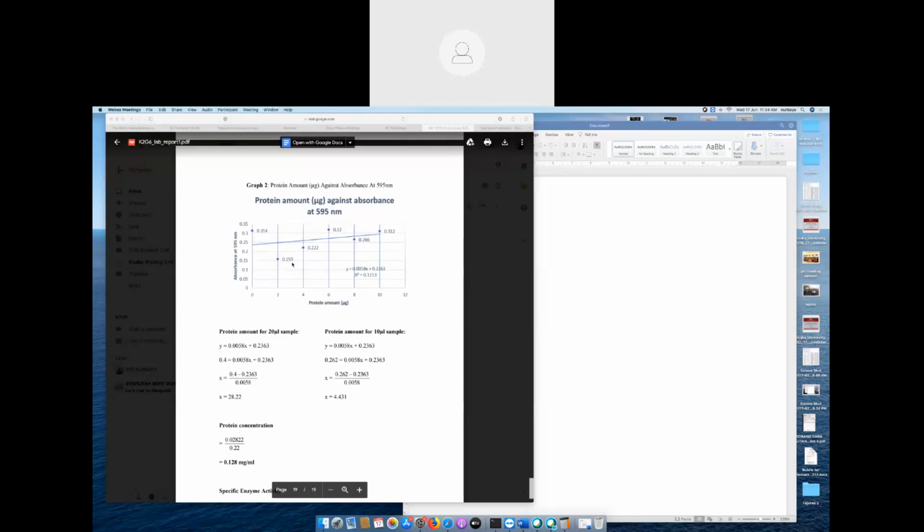0.159 minus 0.314, that means it is zero. This one will be zero. Then your standard will be zero, zero. This one also zero. This one you get some little bit of absorbance because 0.32 minus 0.314. If this one minus this, you can get at least 0.006, which is also not logical.